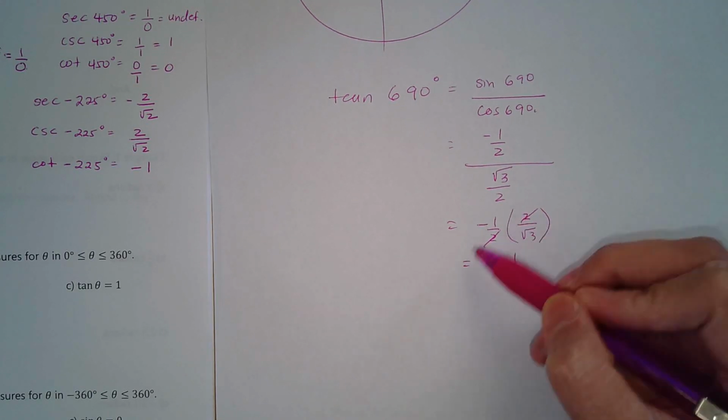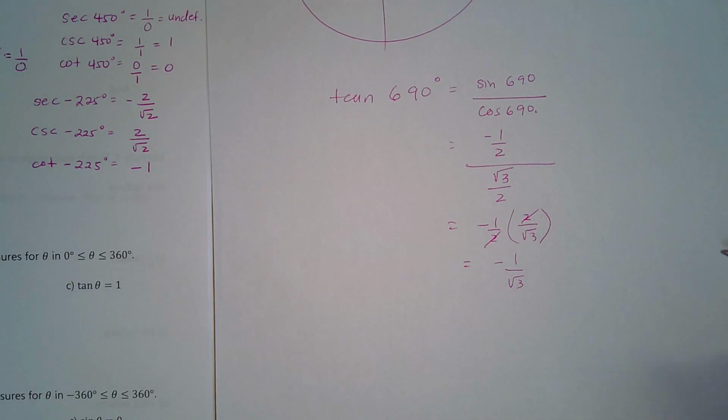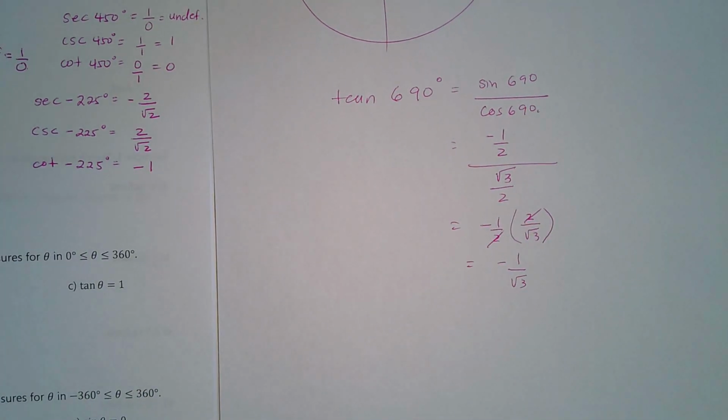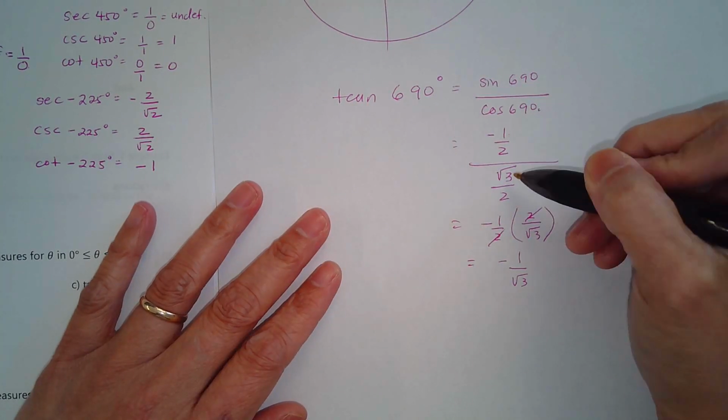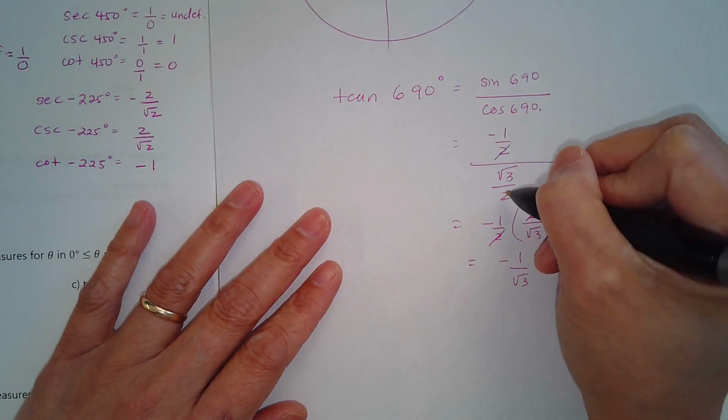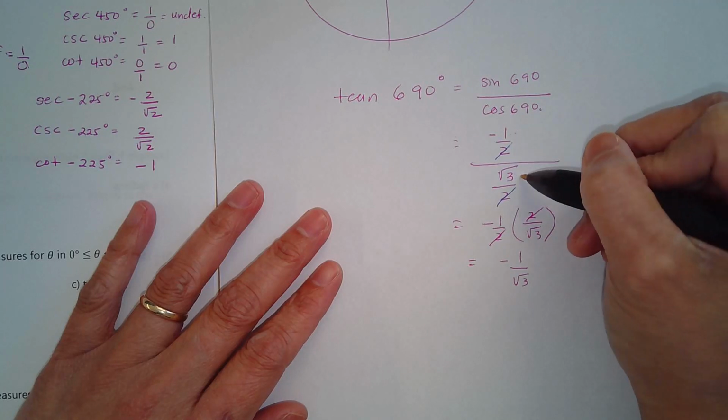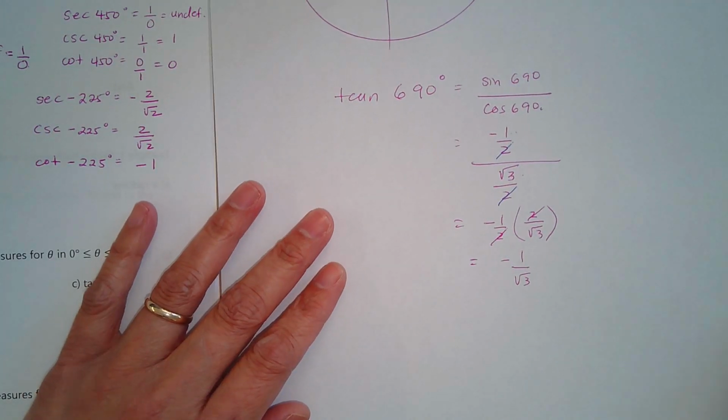So that's the long cut. What's the shortcut? The shortcut is this. Did you figure it out? Anybody? Negative 1/2 divided by root 3 over 2. This cancels. You're left with negative 1 over root of 3. Okay, that's the shortcut.